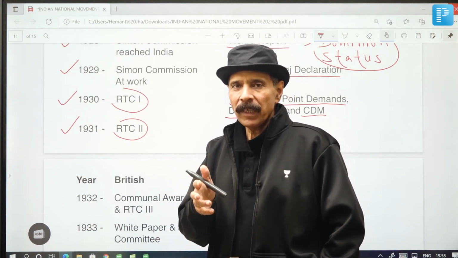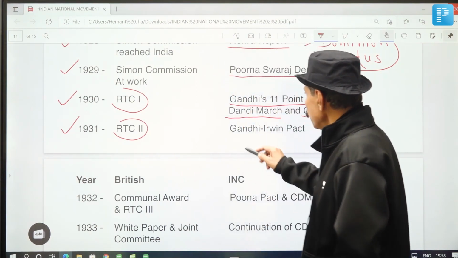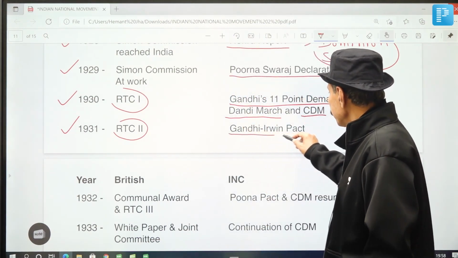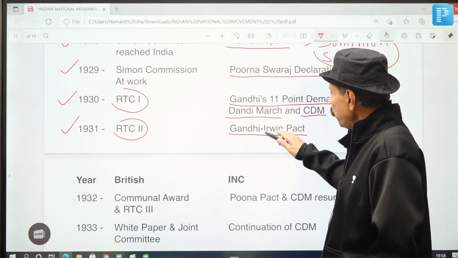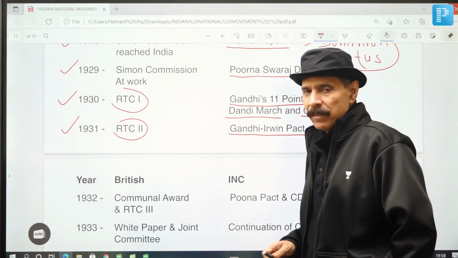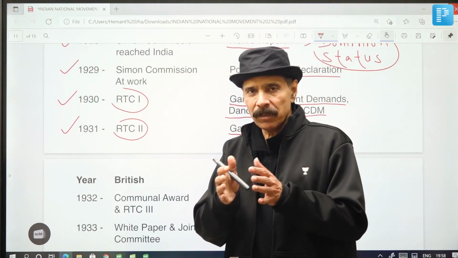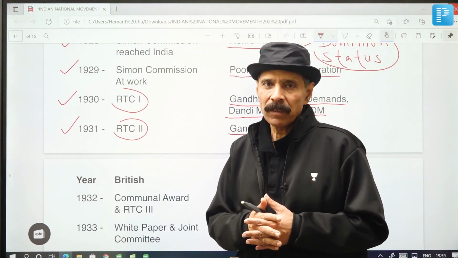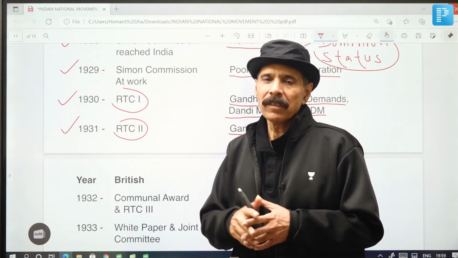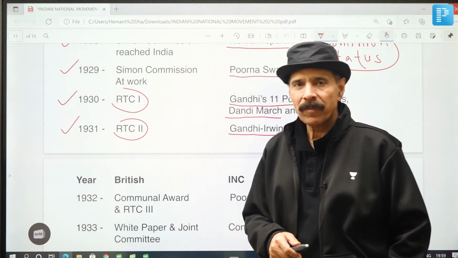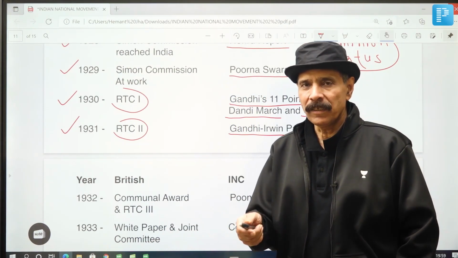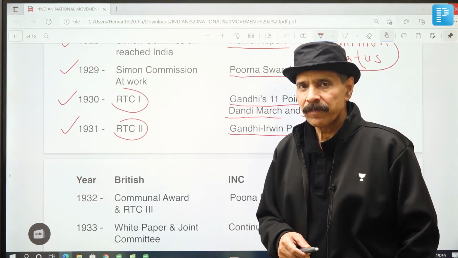So there took place a pact, what is known as Gandhi-Irwin Pact, between Gandhi and Viceroy Irwin. Under this pact, Gandhi accepted the suspension of civil disobedience movement and agreed to participate in the second round table conference to be held in 1931 towards the end.